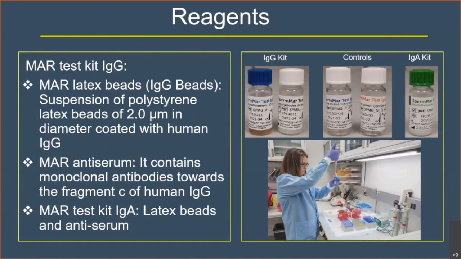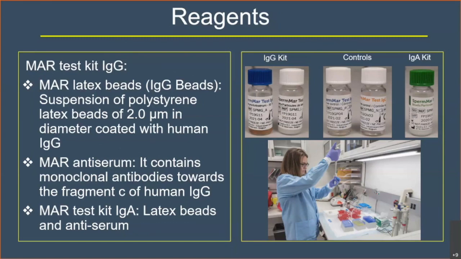So this has initially the suspension of the polystyrene latex beads, which are 2 micrometers in diameter, and these are coated with the human IgG. And then there is the MAR anti-serum, which is containing the monoclonal antibodies towards the Fc fragment of the human IgG. The second important reagent is the controls, which are the positive and the negative controls.